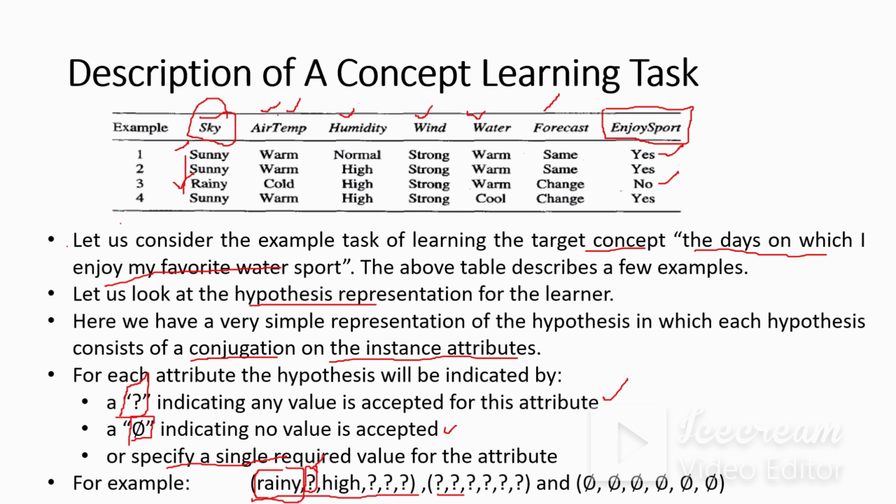And this is also a hypothesis where we have all question marks, which means that all the attributes can have any values. And finally, this is also a hypothesis which is all phi, which says no value is accepted for any attribute.